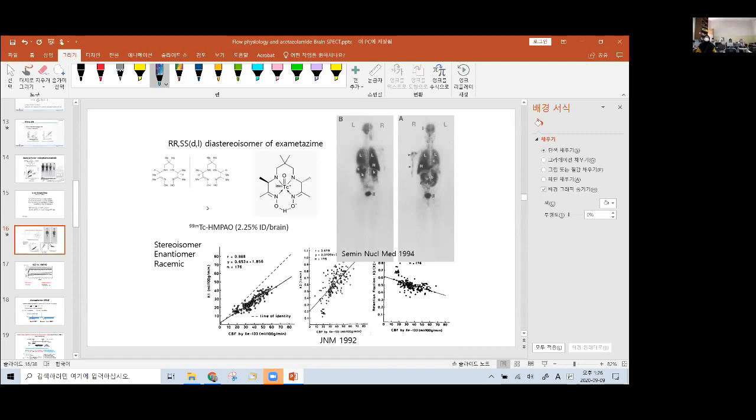And here, CBF was measured by xenon. In older times, they used xenon, and xenon has given values here in milliliter per 100 gram per minute. So as I just told you previously, the cerebral blood flow was measured to be 0.2 milliliter per gram, not per 100 gram, per gram per minute.